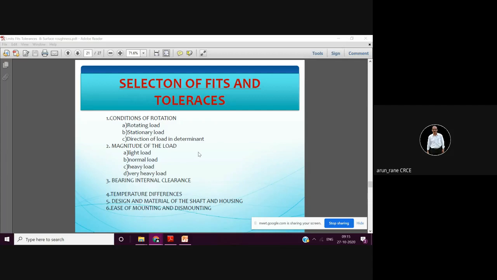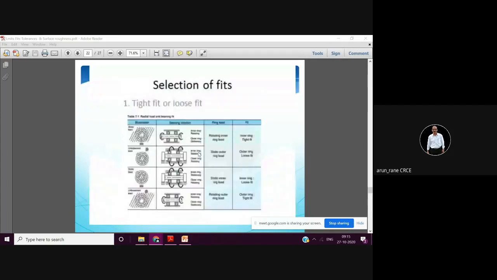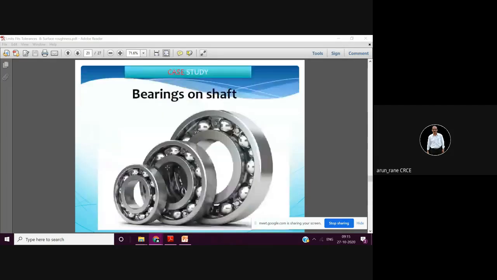The purpose of a bearing: you have a shaft which is rotating in the housing.